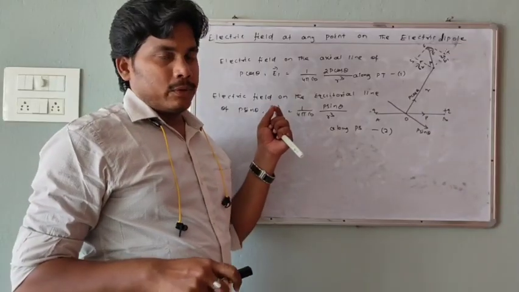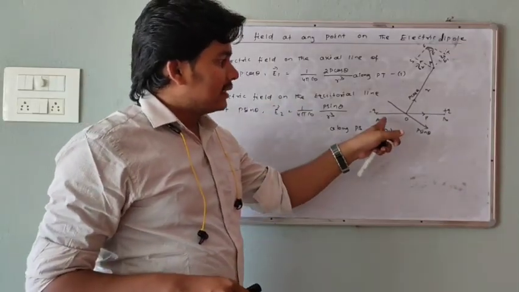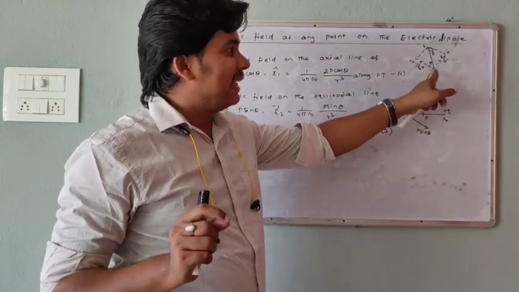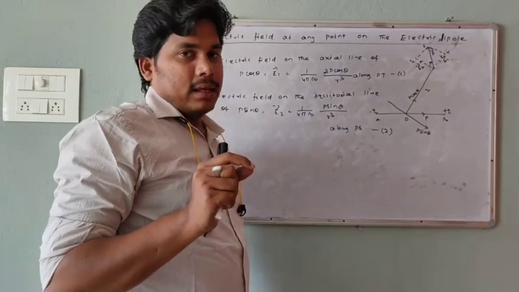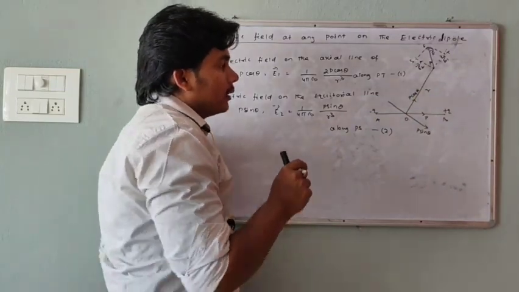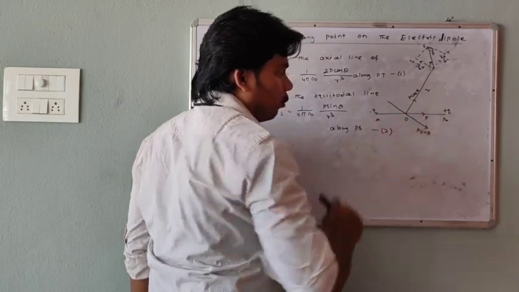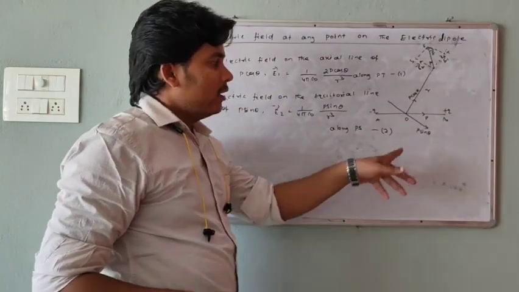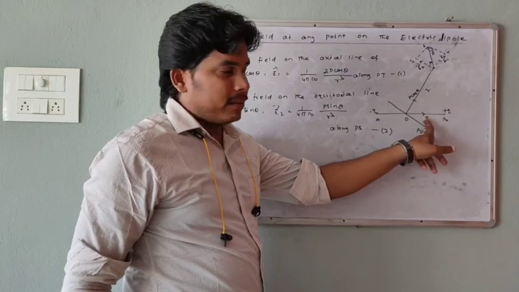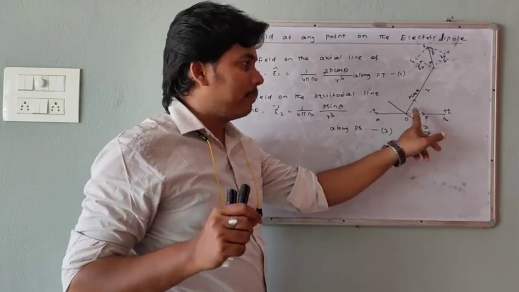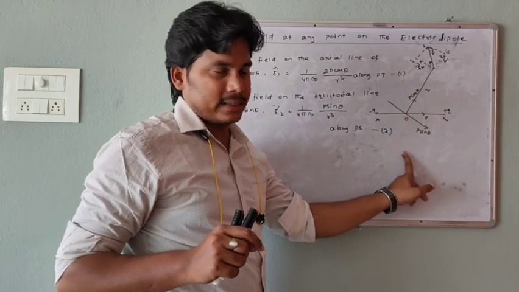Now again I am explaining to you. See, this is a dipole. At point P, we are finding the electric field. For that, we have to know the electric dipole moment, which is P. This P is divided into two rectangular components: one is P cos theta and another is P sin theta.